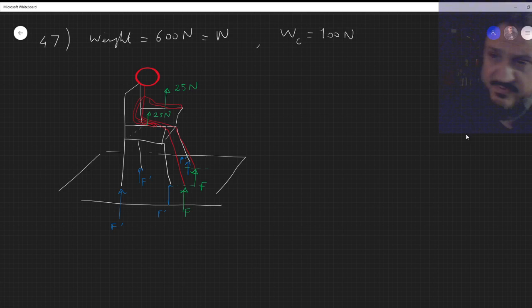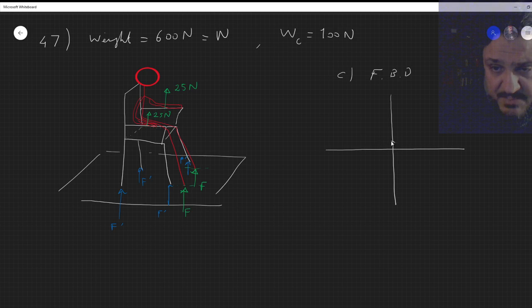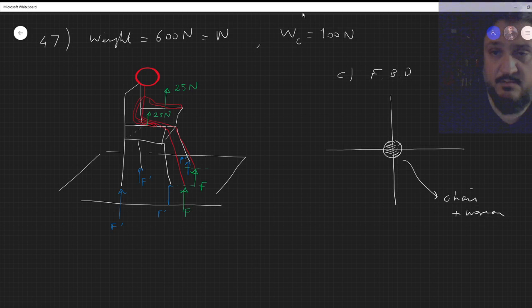So let's start with part C then. Part C, draw a free body diagram. I'm just going to put a circle here representing the combined mass of the chair and the woman, okay? So this is chair plus woman.